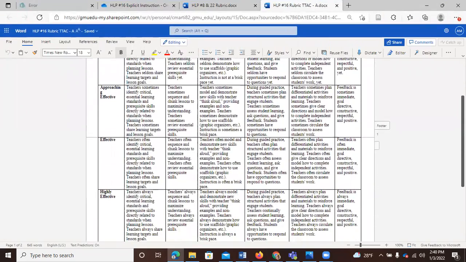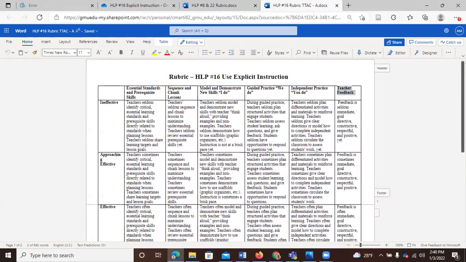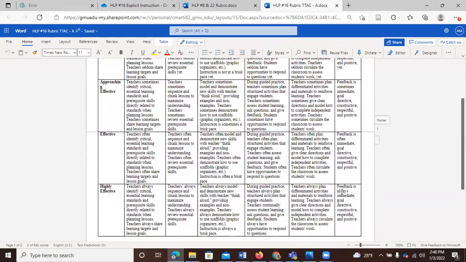For example, the we do and you do, so this guided practice here, and teacher feedback, we could read the descriptions and determine where we believe Mr. Budimir fell within the observation. For example, for feedback, on this column right here, teacher feedback, we were able to really see how Mr. Budimir utilized immediate, constructive, and positive feedback.